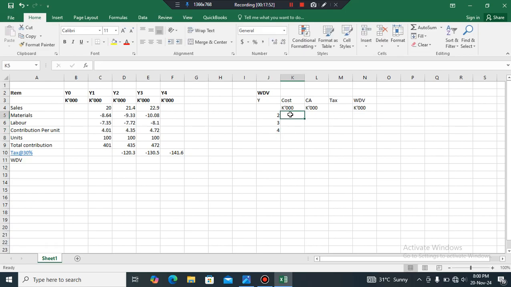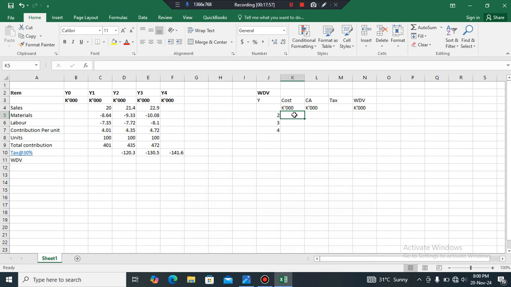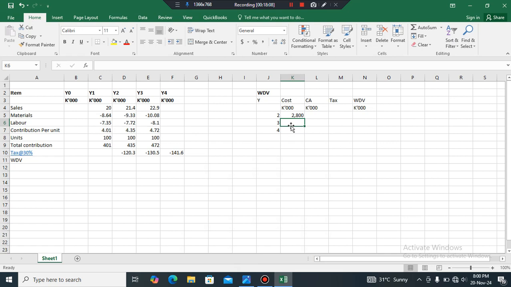So now what's the cost of this asset? The cost of the asset is 2,800,000. What is the capital allowance? We've been given that the capital allowance is 25%. So you get the cost, 2,800 times 0.25 is giving us 700. Right?